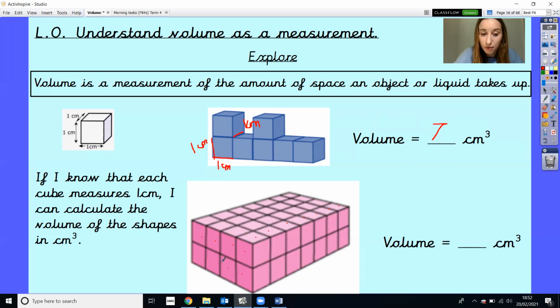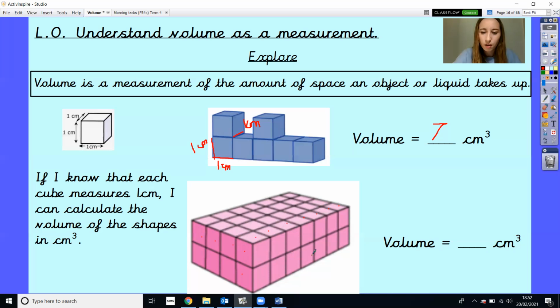I could also just think about each row or each, what word am I trying to think of? Each level of my shape, I suppose. So I could think, well, I know that there's 1, 2, 3, 4, 5, 6, 7, 8 here. And then there's 7 lots of that. So I could do 8 times 7.